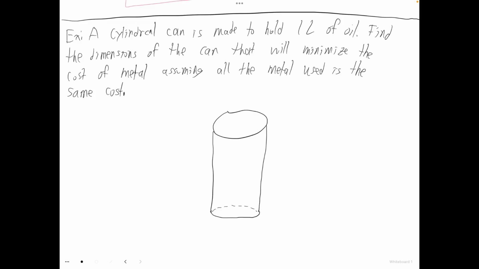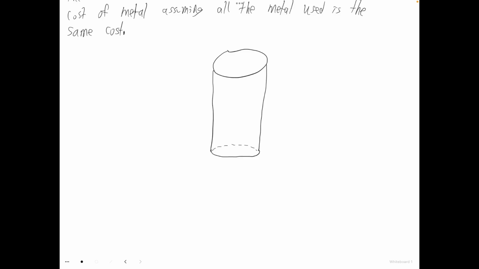If we're trying to minimize the cost of metal, the amount of metal needed is the surface area. So we're really trying to minimize the surface area because we want to minimize how much metal we need since all the metal costs the same amount. So we want to minimize the surface area of the cylinder.